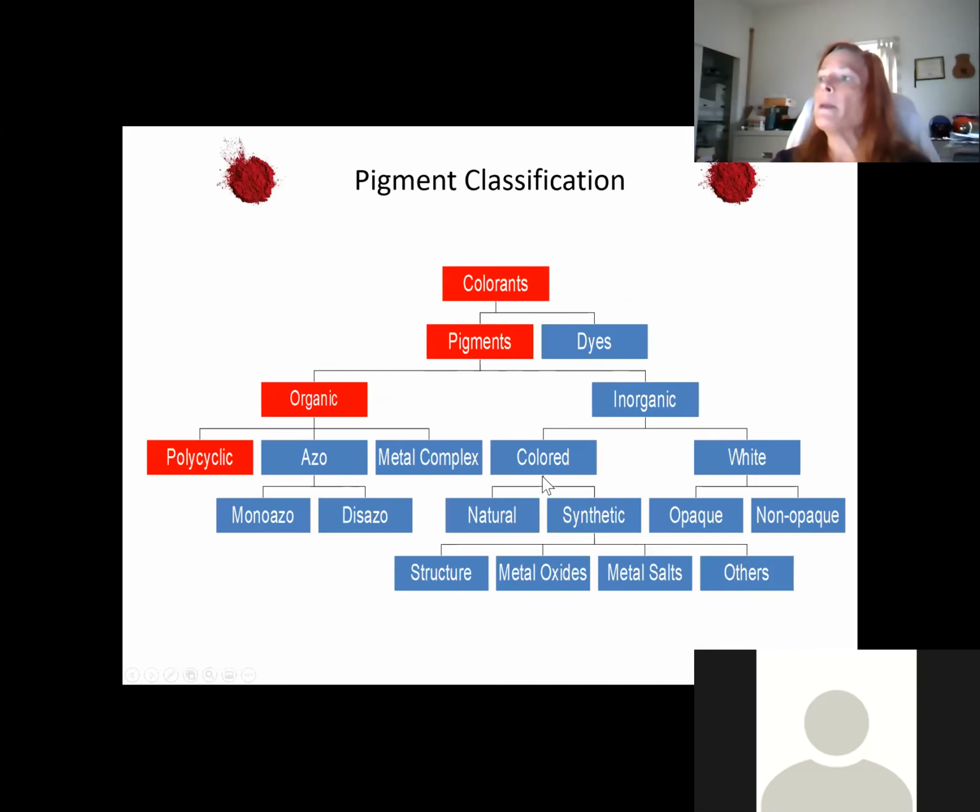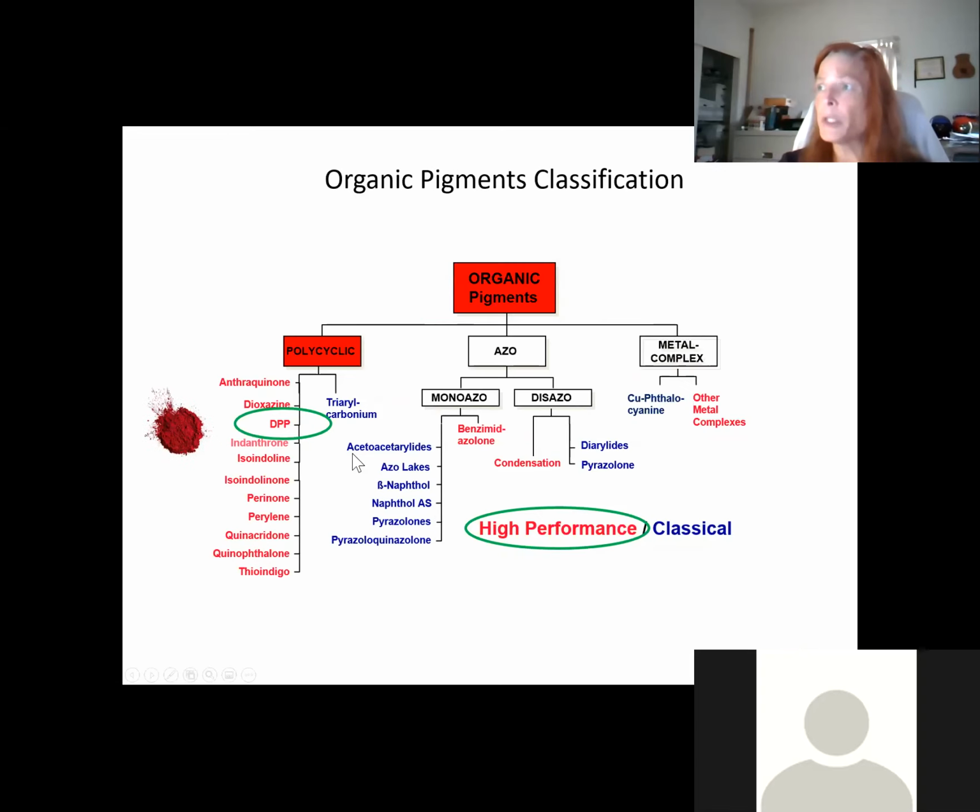The DPP pigments are part of, obviously, the organic family, and they are in the grouping of polycyclic chemistry. And you can see where the DPP family fits into the other polycyclic chemistries that are in the organic section.